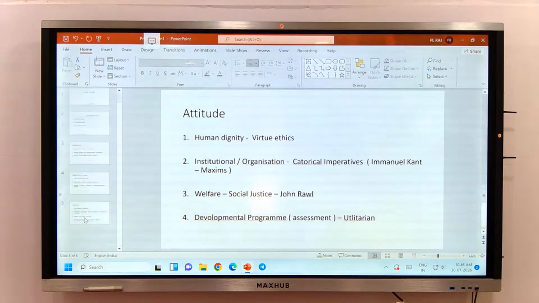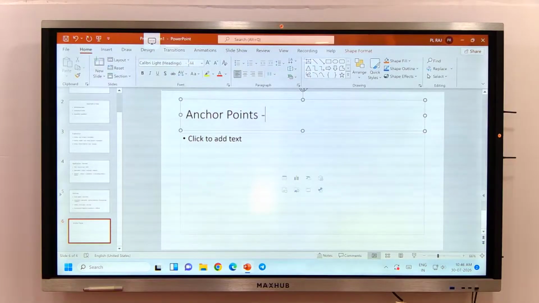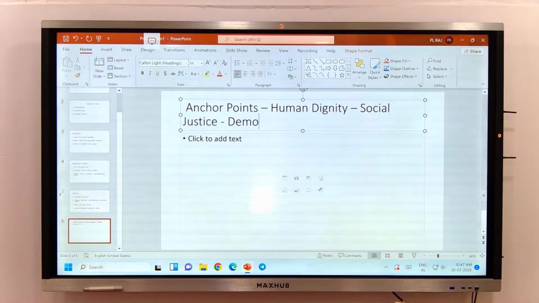Then, dealing with particular cases, we should have certain anchor points. The particular cases are the cases of human dignity, the cases of social justice, the cases of certain principles of democratic rights, the principles of liberty.